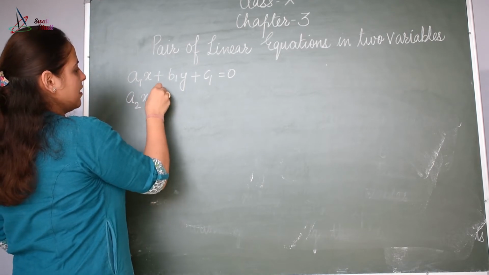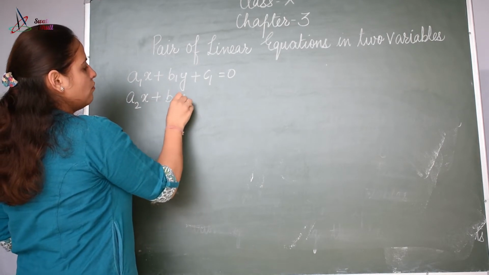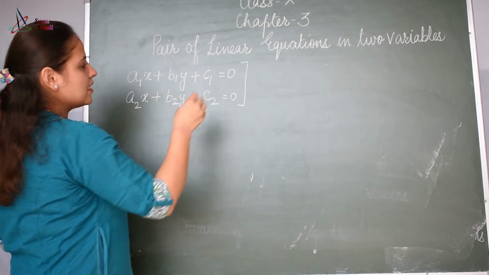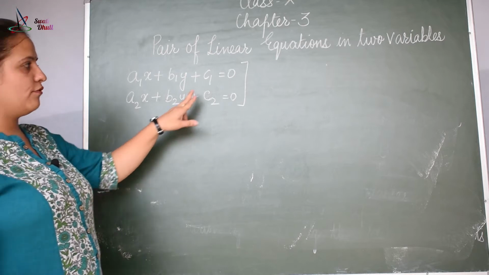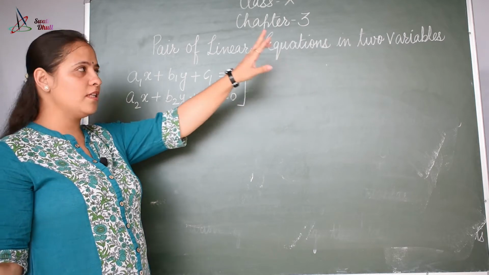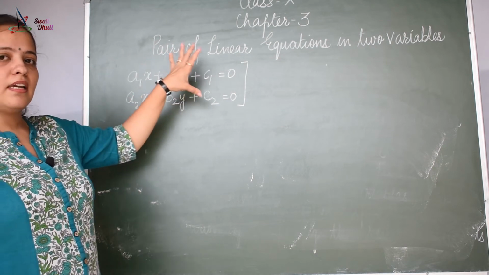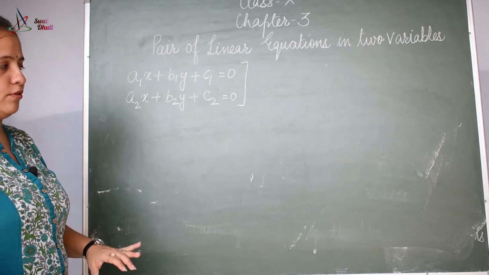Similarly, a2x plus b2y plus c2 is equal to 0. So this is the general form of linear equation in two variables. So pair, it means two. So there are two linear equations in two variables.